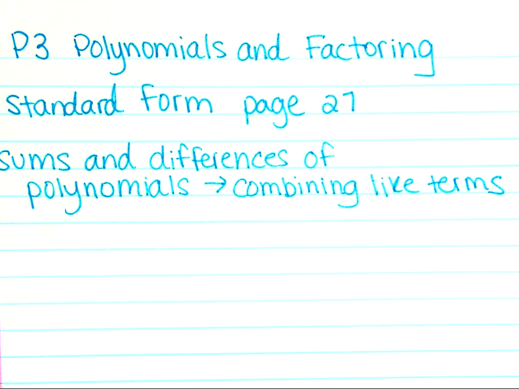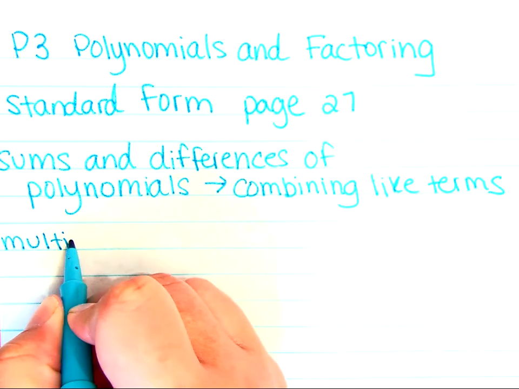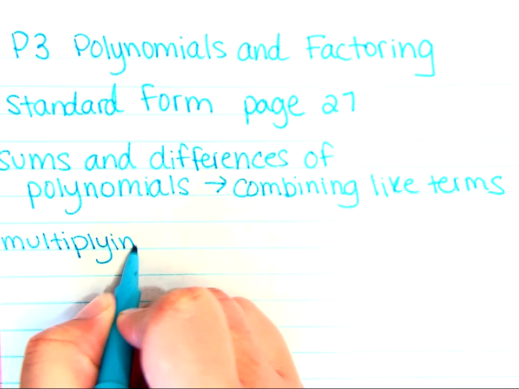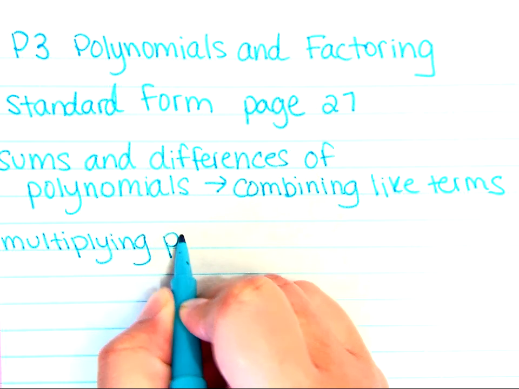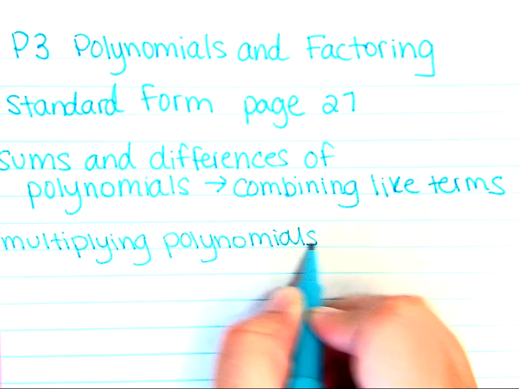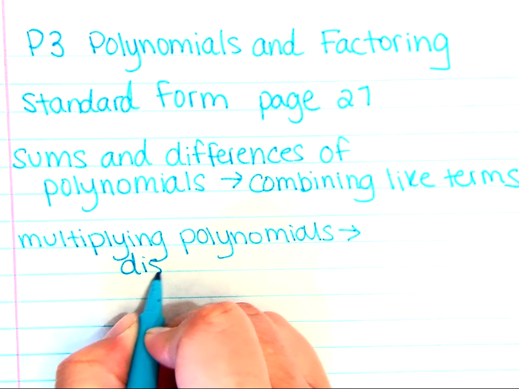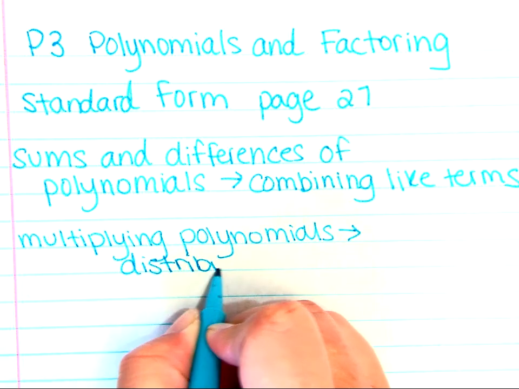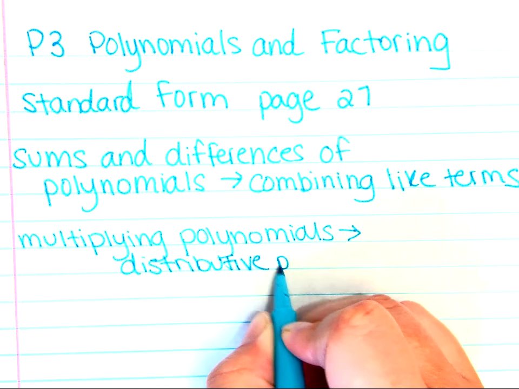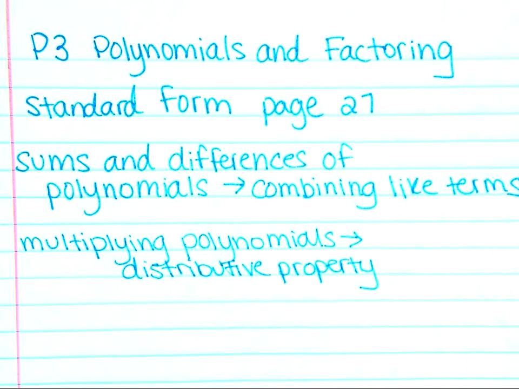The other thing page 28 talks about is multiplying polynomials. And for that, you will either be using distributive property or FOIL.